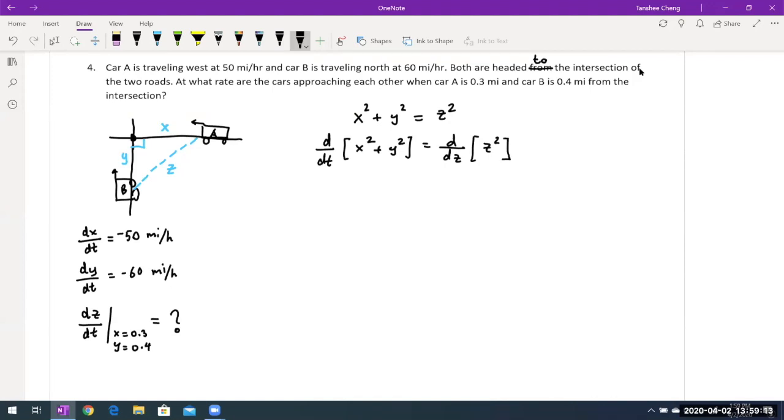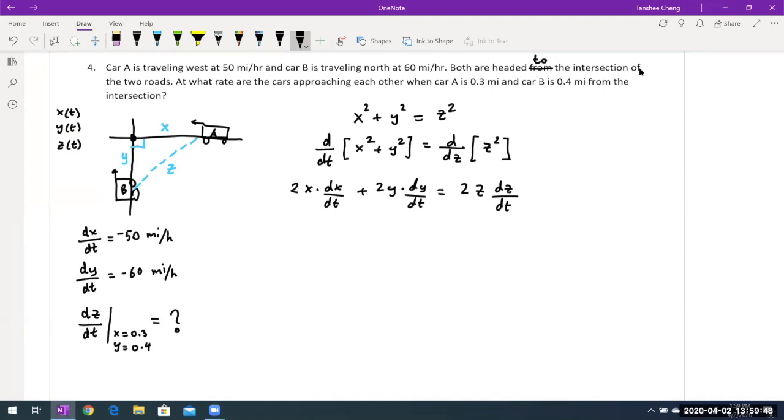On the left-hand side, that becomes 2x times dx/dt using the chain rule, plus 2y times dy/dt using the chain rule. And remember, x is a function of time, y is a function of time, and z is also a function of time. So that will become 2z dz/dt.